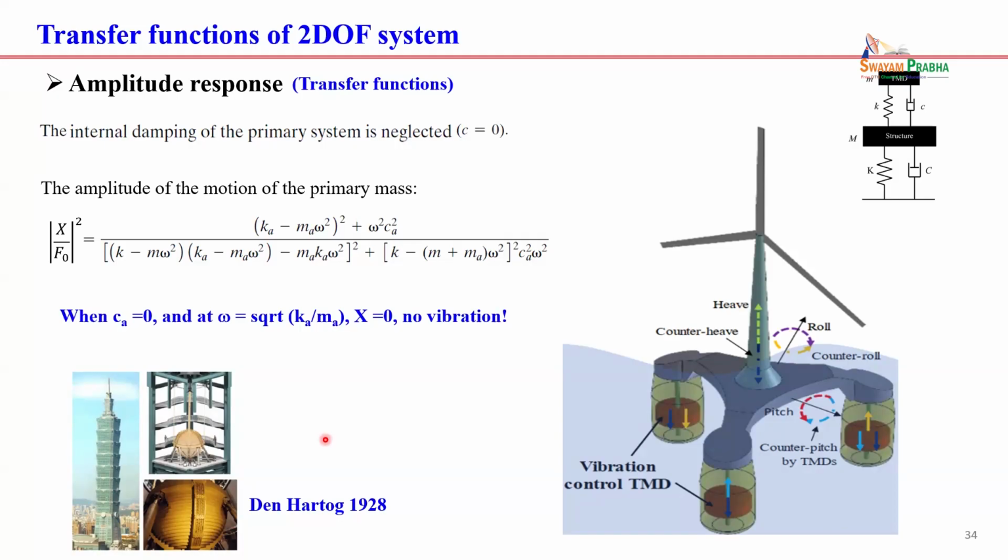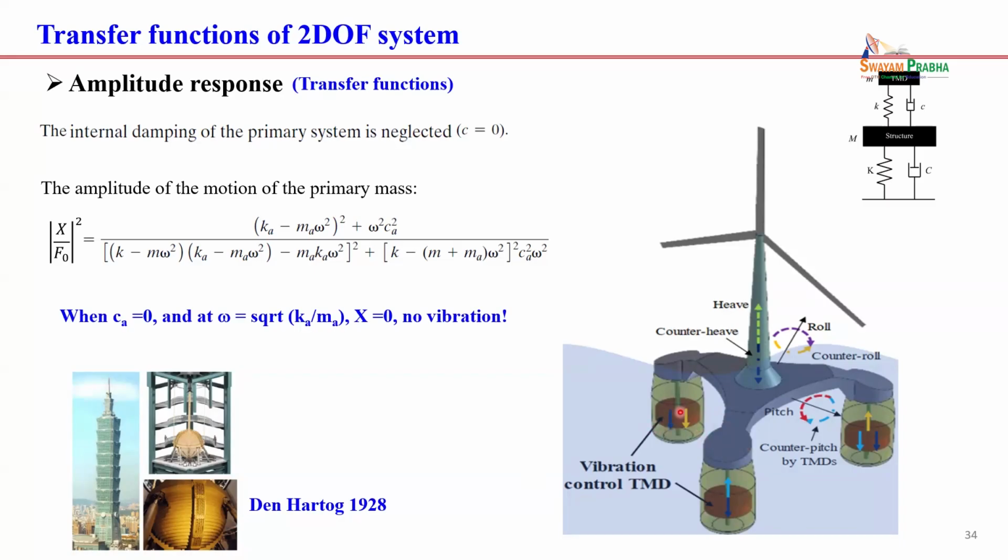Such a thing can also be used to reduce the platform vibration of an offshore wind structure, for example, an offshore wind platform. So we have one project working on the offshore wind platform. The idea here is to tune the mass damper to reduce the vibration. Actually, it's not a tuned mass damper, it's a tuned inertial damper. What does that mean?